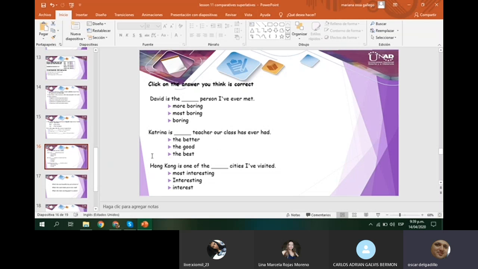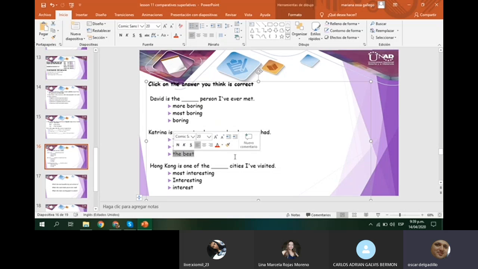Yes, the best, because remember that we use the best in superlative. We use better in comparative, but in this case, we must use a superlative adjective. For that reason, we use the best.